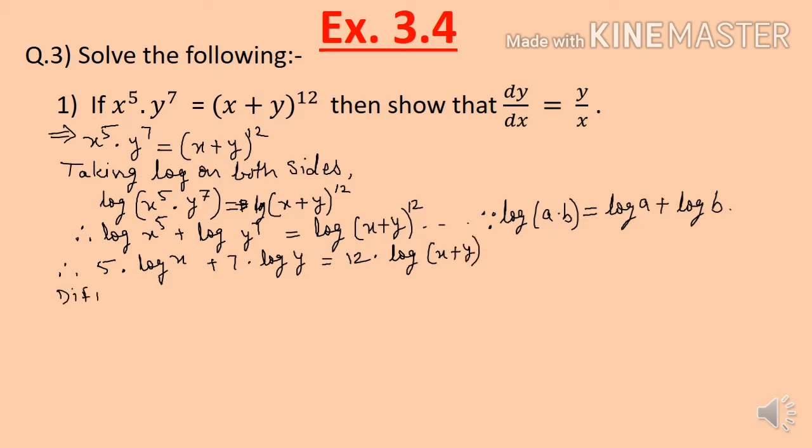Right? Now let us differentiate. So we'll write differentiating with respect to x. 5 into, now we know that derivative of log x is 1 upon x, plus 7 into derivative of log y, that is 1 upon y into dy by dx is equal to 12 into, now derivative of log of x plus y, the derivative will be 1 upon x plus y.